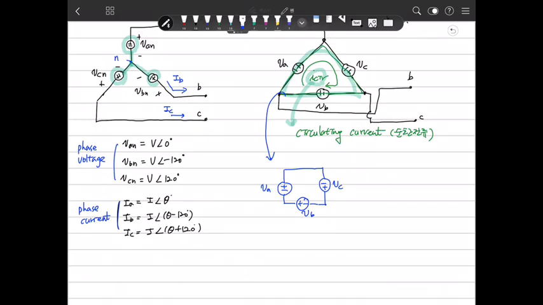So when you make a loop in this manner, then we have VA plus VB plus VC. If the source is balanced, then VA plus VB plus VC is 0. So then no problem and no circulating current.